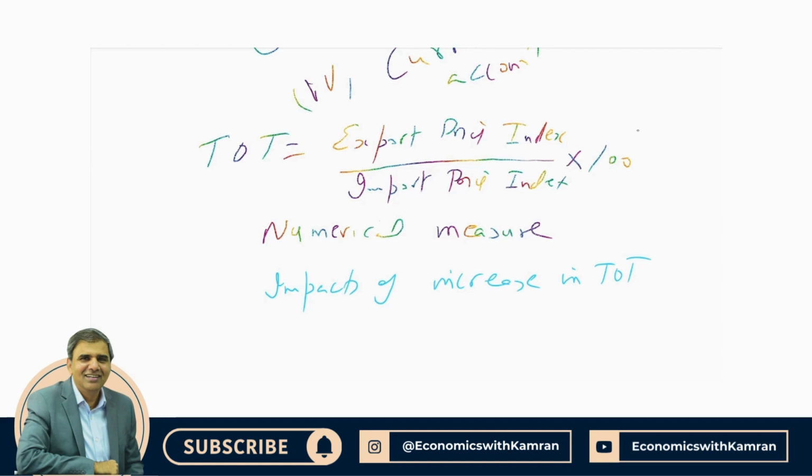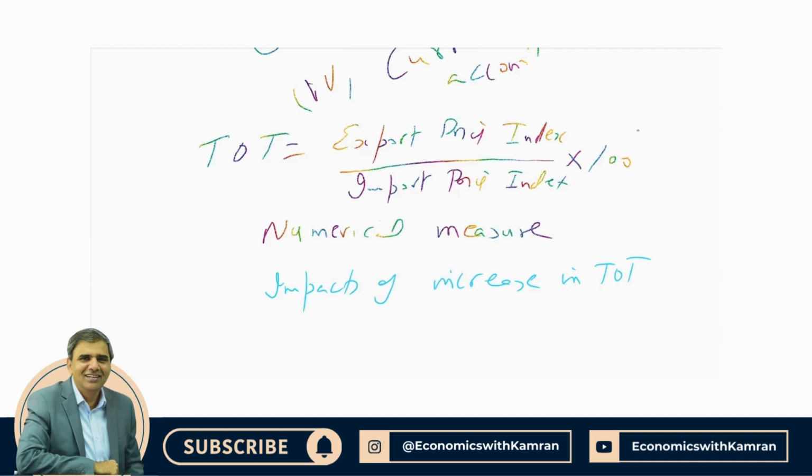In a country where the inflation rate is comparatively higher than that of other countries, TOT is likely to go up. Similarly, a country whose currency appreciates is also going to experience a rise in terms of trade, as a stronger currency makes exports relatively expensive.